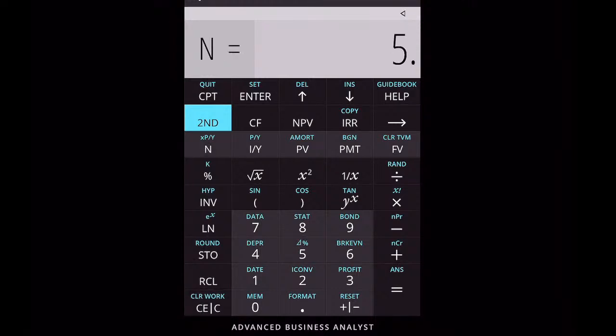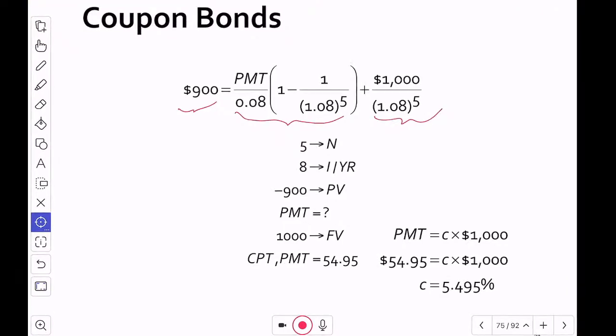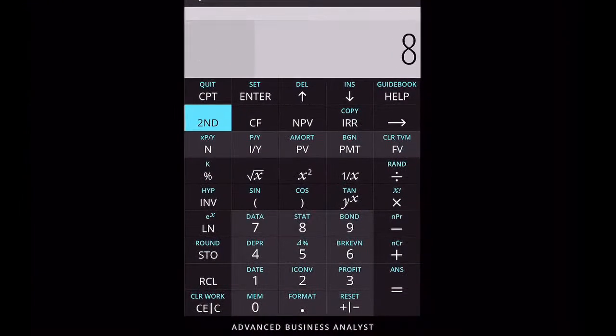5 for years. What's the interest? I have to go back. 8, 8 for interest. The price was negative 900. Payment is what I want, and then it's $1,000 I get.